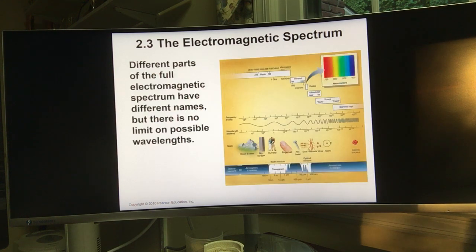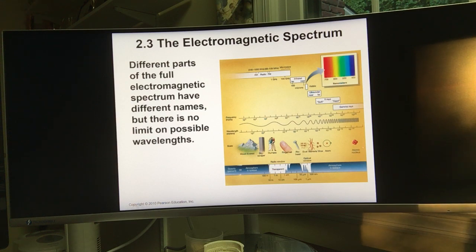Next slide again shows you the full electromagnetic spectrum. Here you can see that radio wave could have a wavelength as big as a mountain.